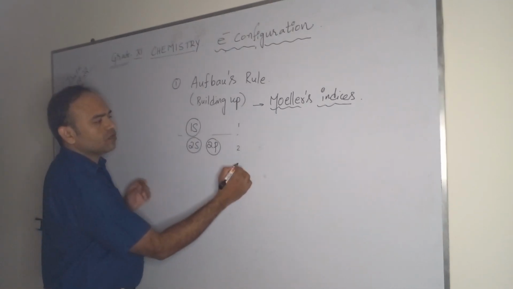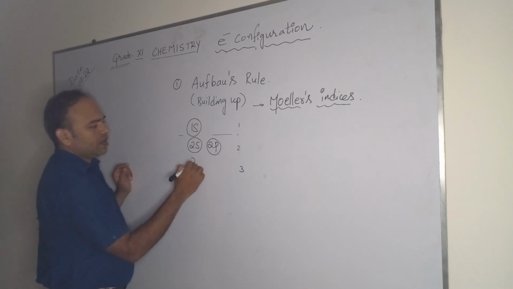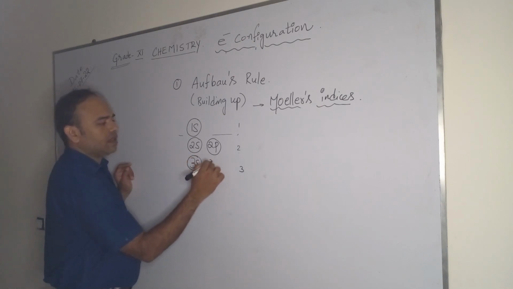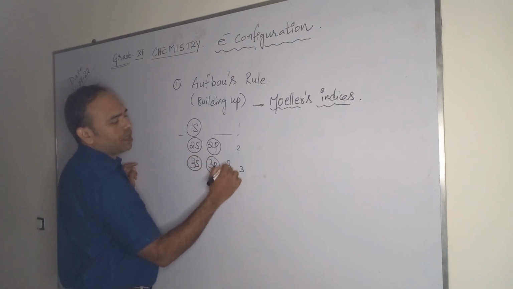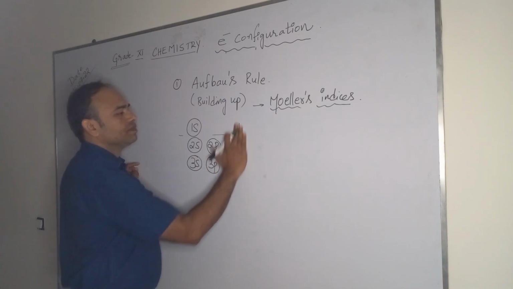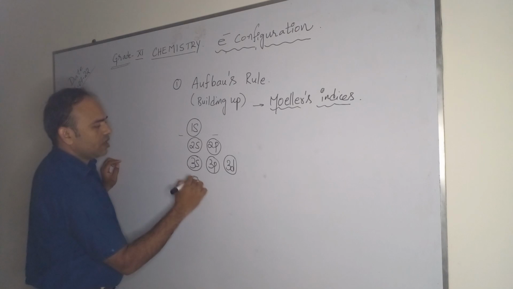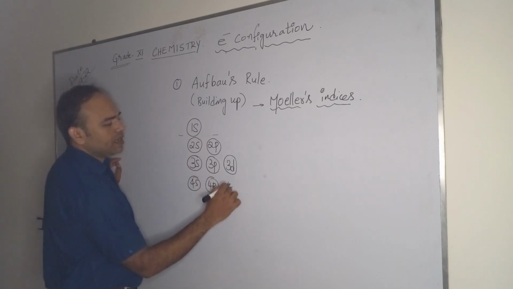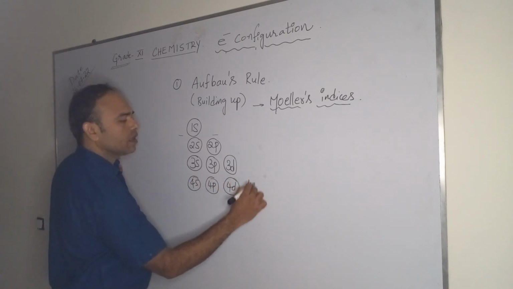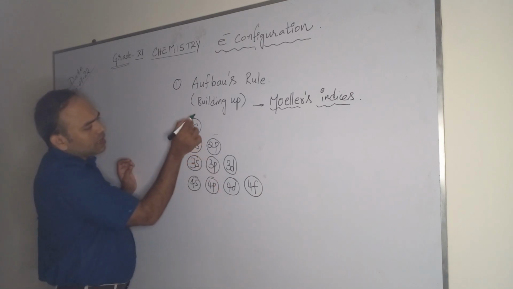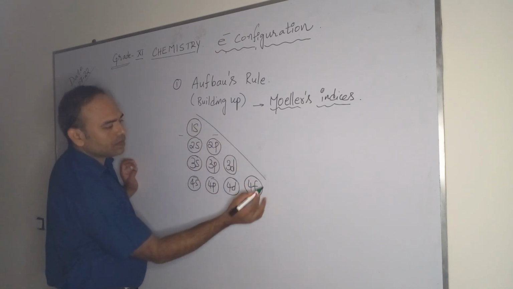Increase by one more, 1, 2, 3. So I will take 3s, 3p and 3d. Next 4s, 4p, 4d and 4f. So it is going in an increasing order.